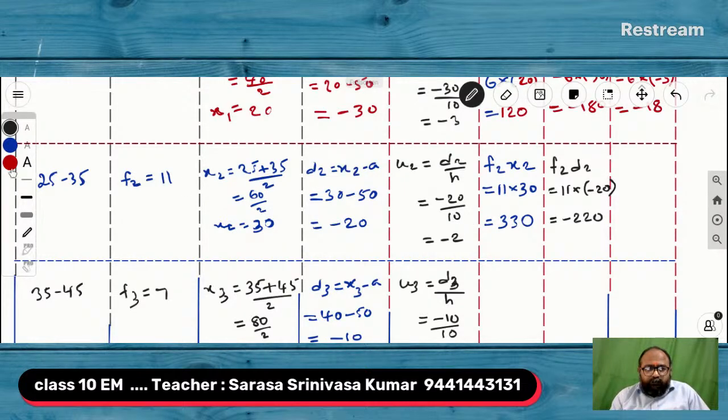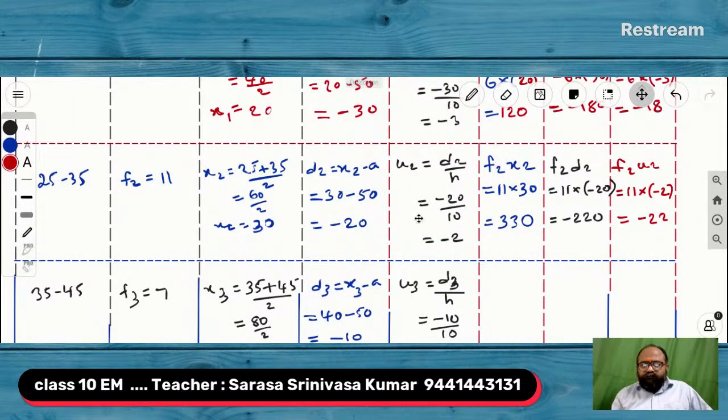Now we calculate F2 U2. F2 U2, this is equal to F2 is 11 multiplied by U2 is minus 2. This is equal to minus 22.